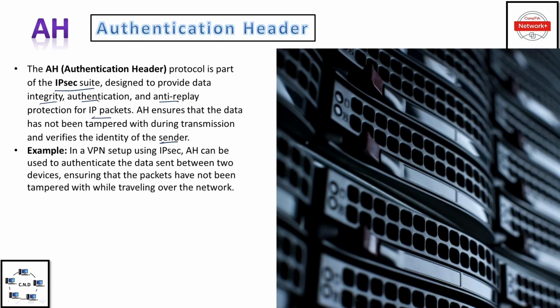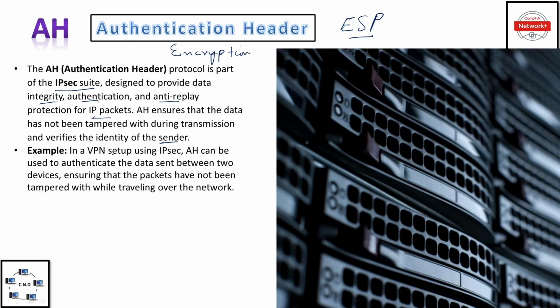So remember, AH provides integrity, authentication, and anti-replay, but does not provide the functionality of encryption. So for encryption, we use another protocol inside the IPsec suite known as ESP, Encapsulation Security Payload or Protocol.